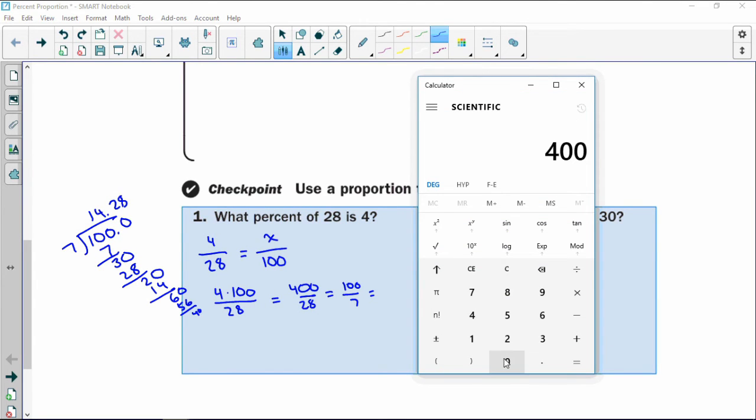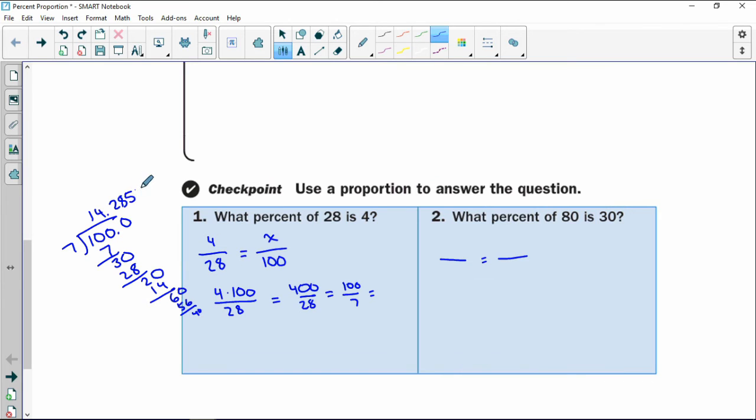Well, we could do 400 divided by 28. We're going to get 14.28571428571. It keeps going on and on. Let's see, so 571 was that part? That part repeats. So it's 14.285714 repeating percent.